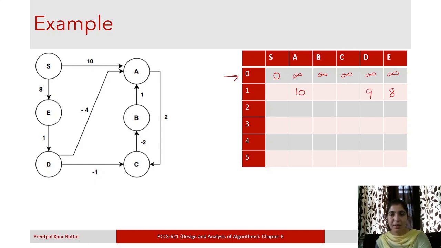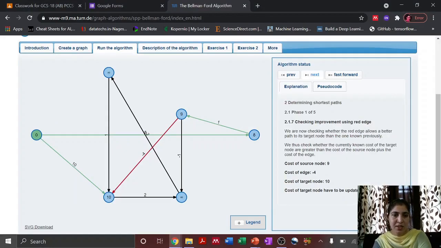It will be 9, right? So in this first iteration, so far we have updated 3 edges which are indicated by green here. And next, the edge which we are considering is from this 9 to 10. Okay, so this is 9 minus 4.